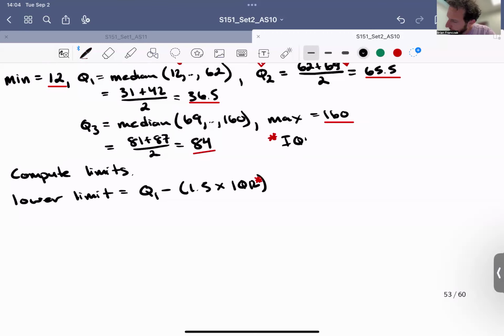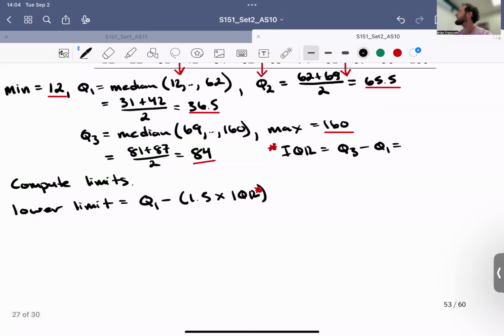So from the 5-number summary, we can easily work out the IQR. So the IQR is simply Q3 minus Q1. So that's 84 minus 36.5. And that gives us 47.5. Okay.